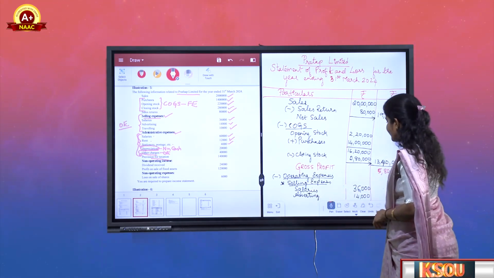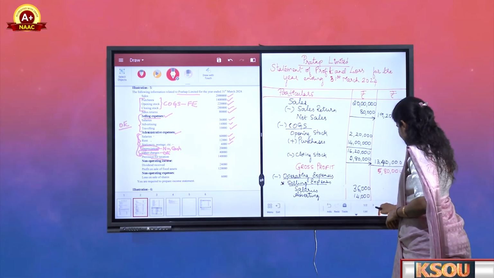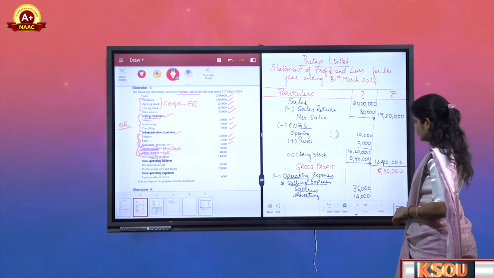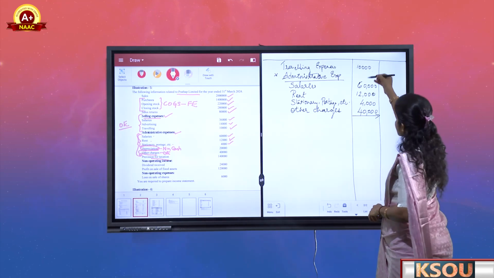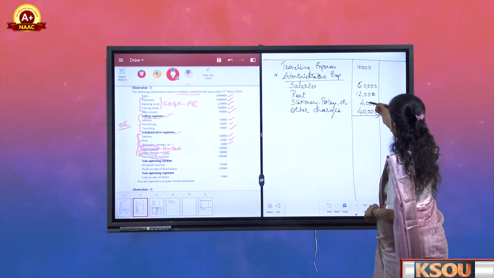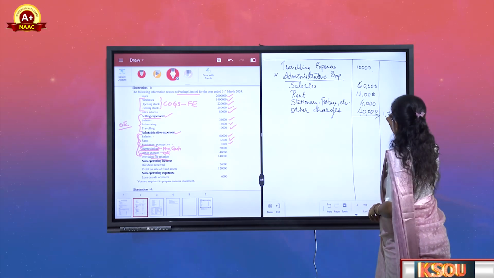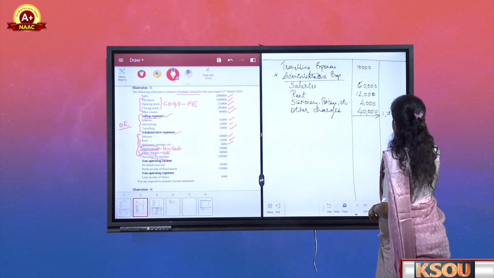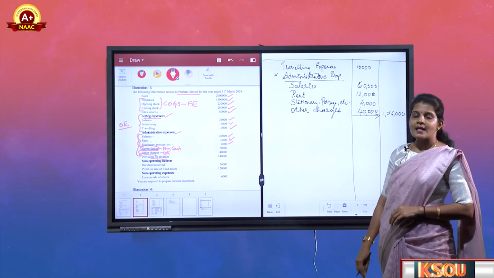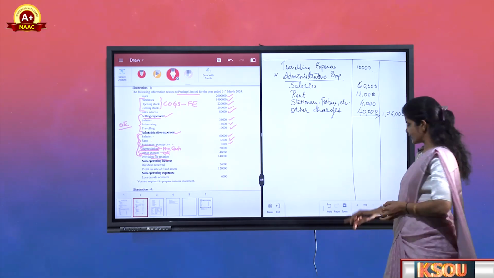So 14,000 of advertising plus salaries is 50,000. 50, 60, 120, 1,20,000, 1,32,000, 1,76,000. So let us take this as the total of operating expenses. 1,76,000 is the operating expenses.